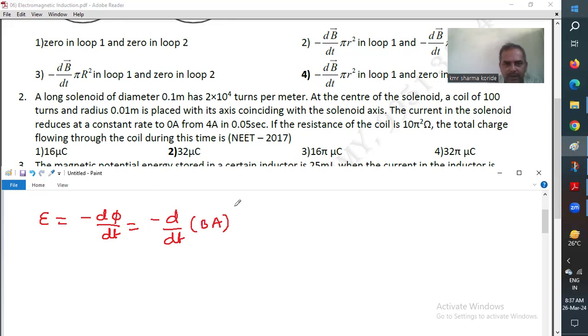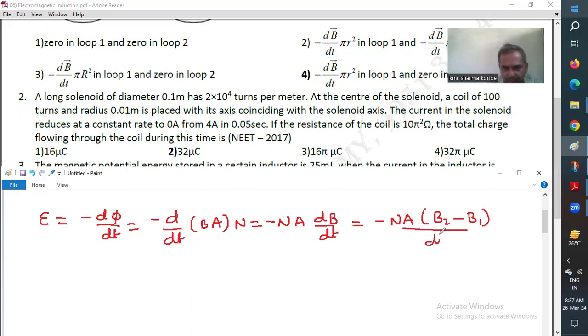Since they mentioned the number of turns also, there is N. The more the number of turns, the more will be the EMF. So altogether, what you can say is N into A with dB by dt. You can even extend this as N into A, B2 minus B1 by dt.